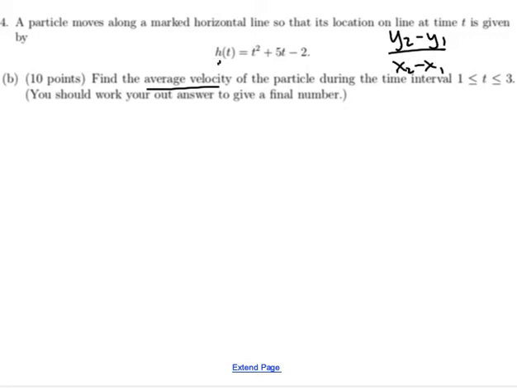So our average velocity, we would have h of 3, minus h of 1, all over 3 minus 1.